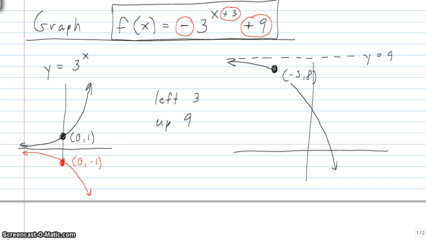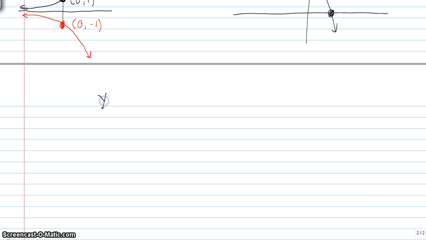So what I usually like to do to make the graph as complete as possible is figure out where the y-intercept and the x-intercept are, and that'll give us a nice graph and a little practice at solving exponential equations as well. So to get the y-intercept, we take our function and we put 0 in for x.